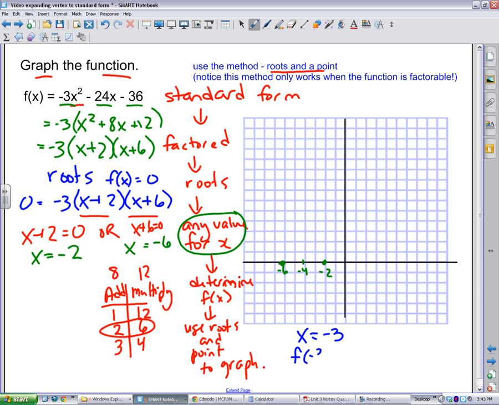So f at -3 is -3 times -3 squared minus 24 times -3 minus 36.